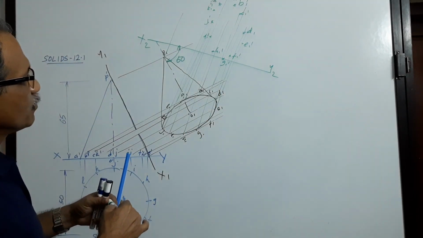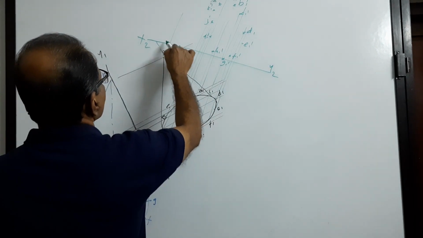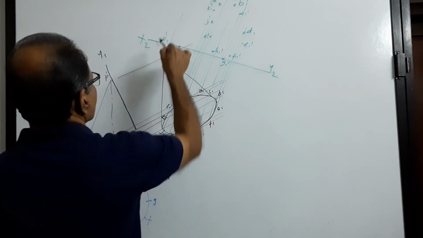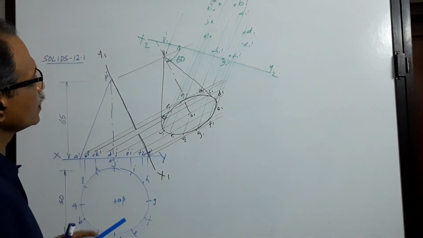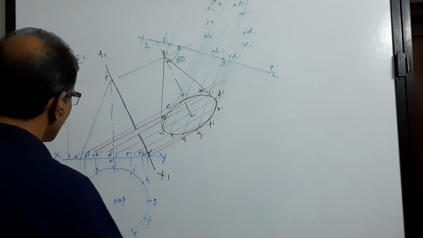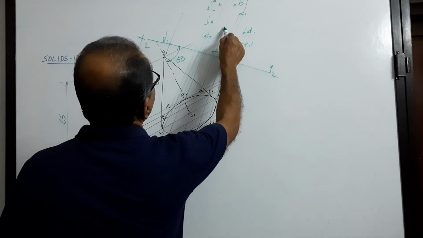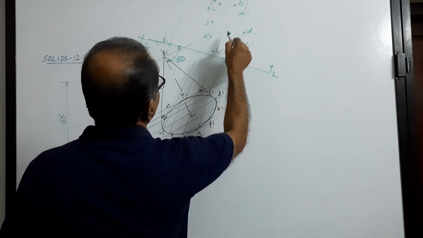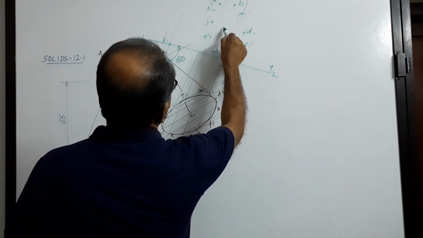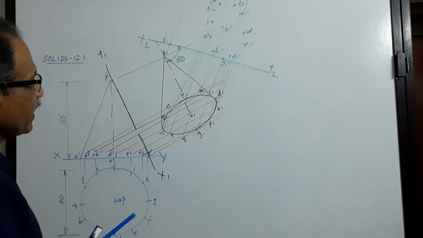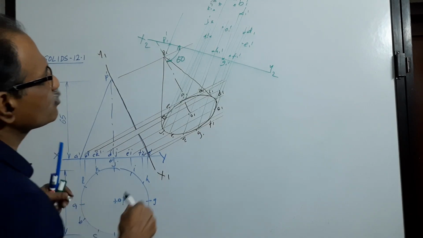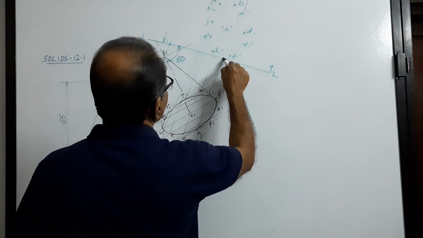We have got all the points. P1 dash. Now O, somewhere here is O1 dash. Since the base is nearer to the observer, the full base will be visible. Make it firm.